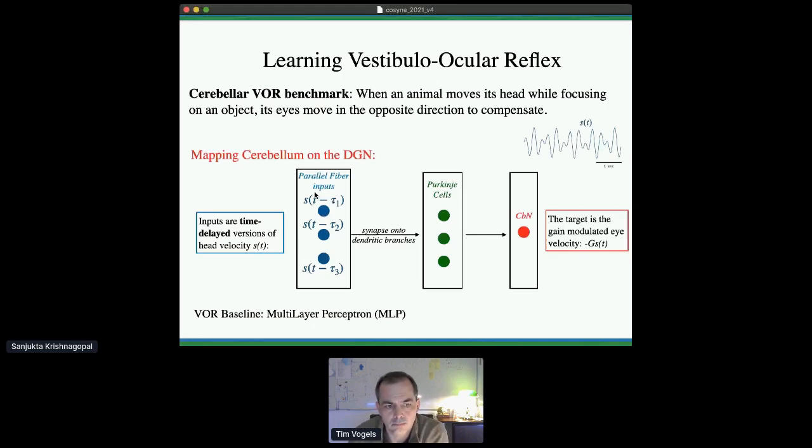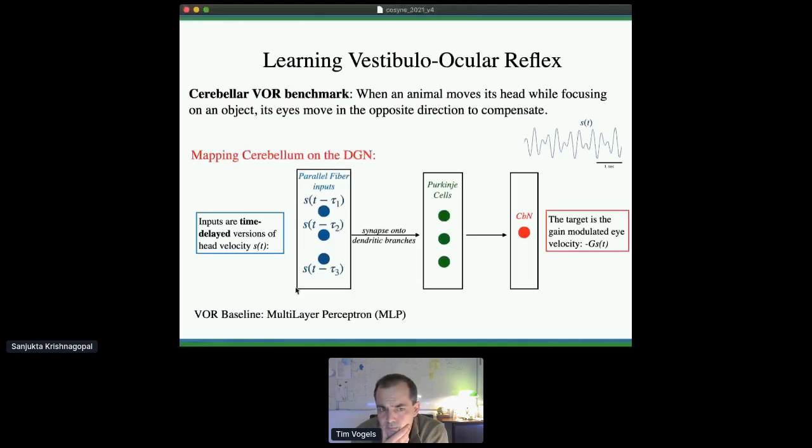So this is just the signal S(t) with a different delay. This delay represents the time it takes the signal to go from your retina to the parallel fiber. And then they synapse onto the dendritic branches of the Purkinje cells. And then the Purkinje cells go to the CBN. And so the goal is to predict the modulated eye velocity, so this is minus gain times S of t.